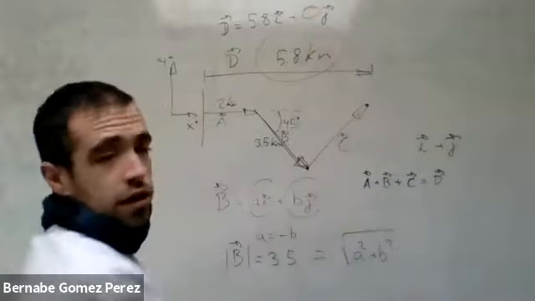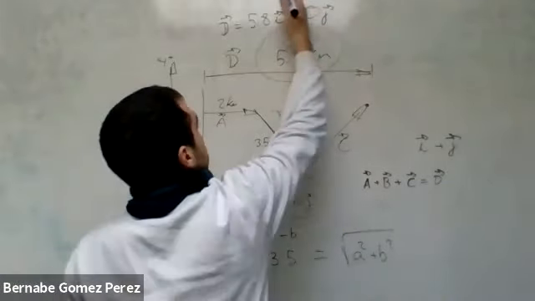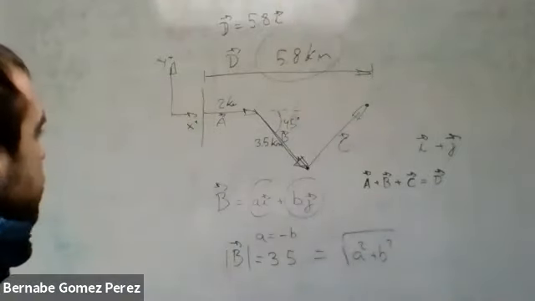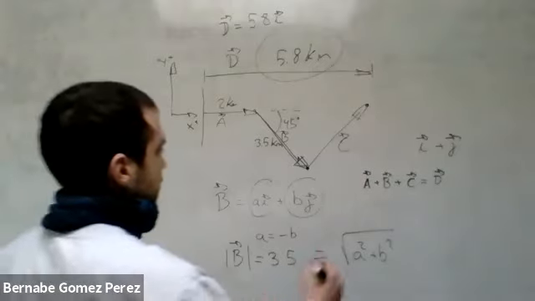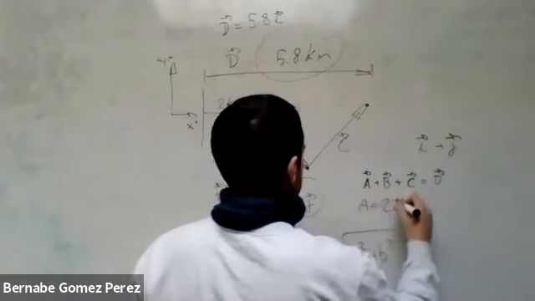You don't have to write this, I just write it to let you know that J is 0. You can write J 0, or you can leave it like this. It's perfectly fine. So we know that A is equal to 2I.